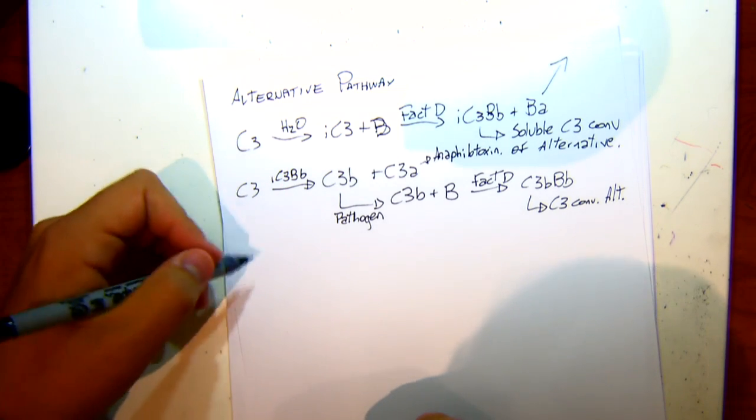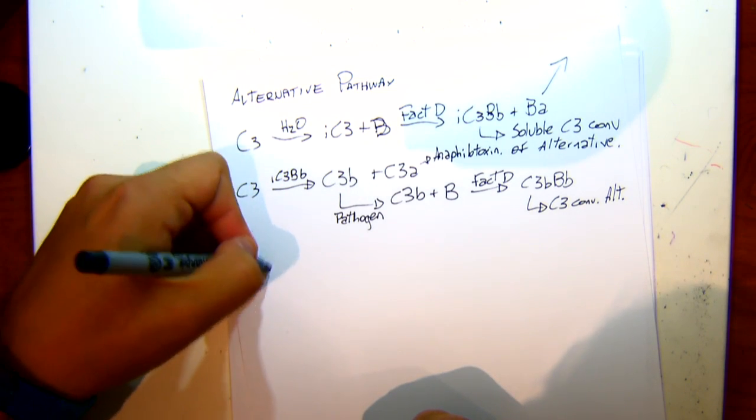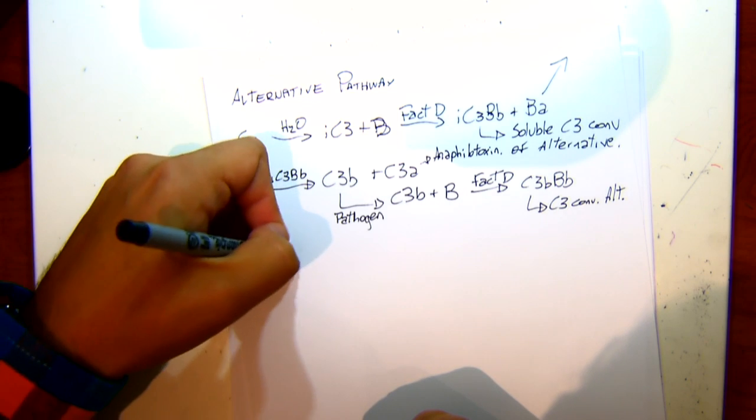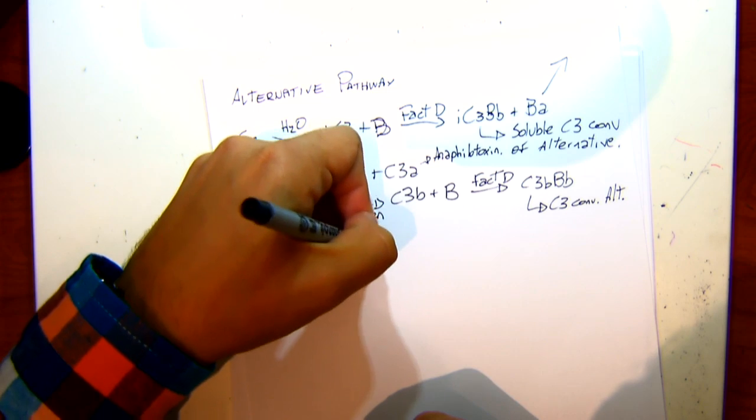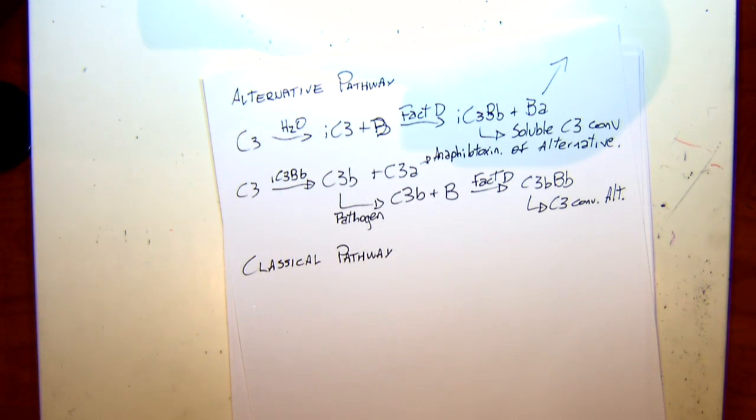So then we also have the classical pathway. Which is pretty cool because it starts after the alternative, but it ends up making the alternative pathway stronger in a way, right? Because it ends up producing C3, which can turn into more C3 convertase and so on.